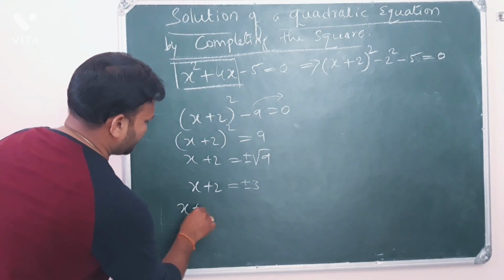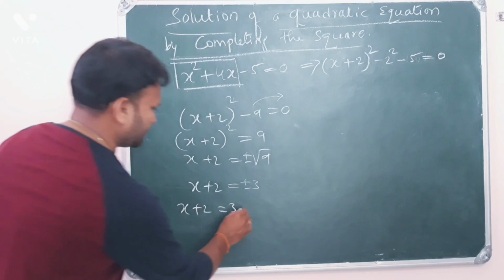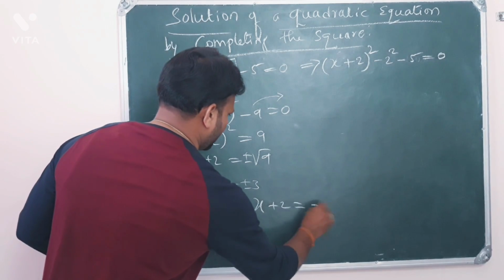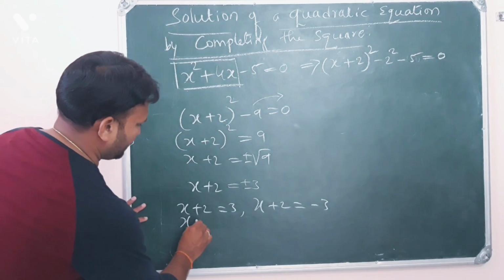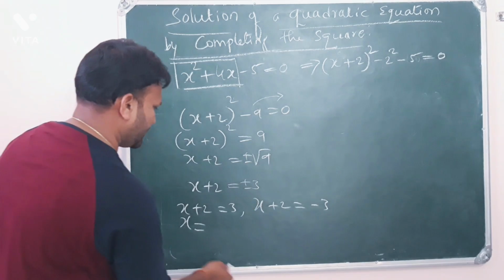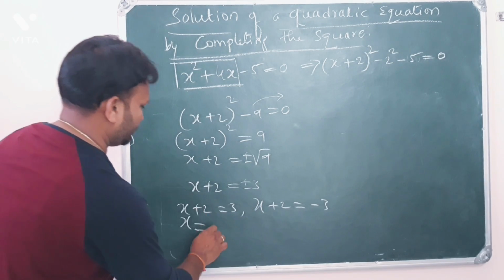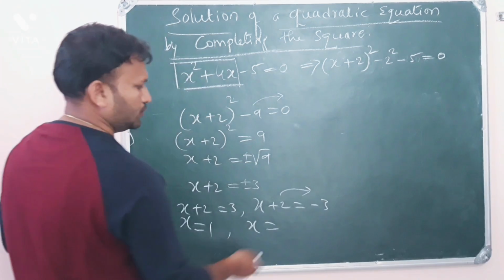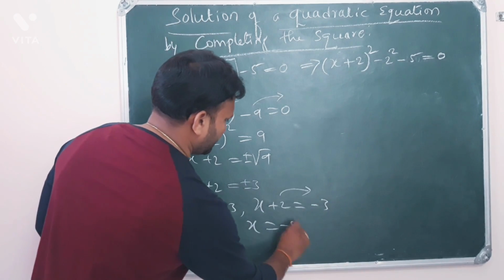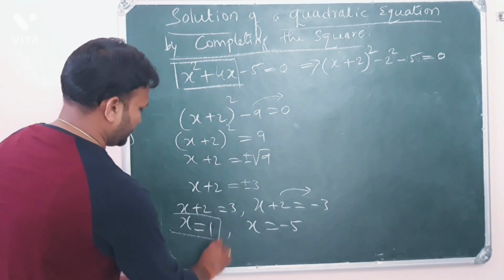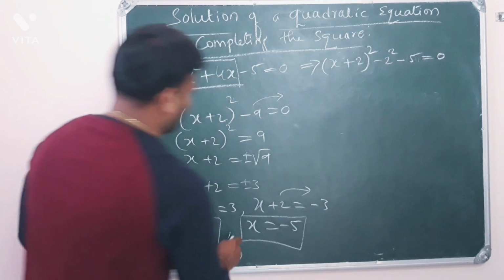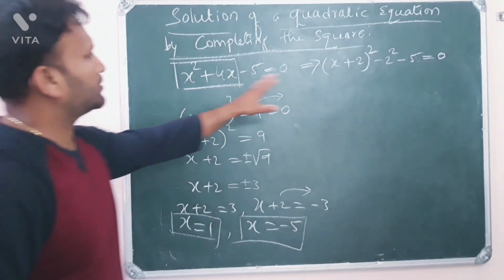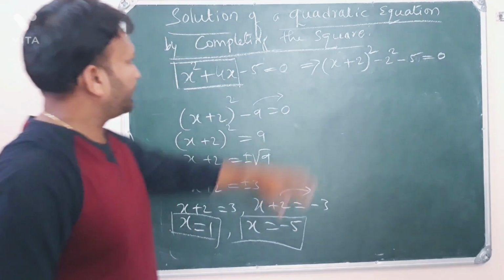Now x plus 2 is equal to plus 3, and x plus 2 is equal to minus 3. X is equal to, if I take 2 that side, 3 minus 2 equals 1. X is equal to minus 3 minus 2, minus 5. So these are the roots by the method of completing square. Thank you.